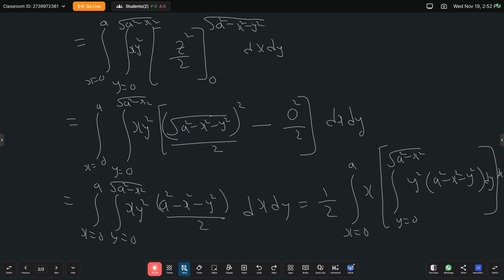Okay. Now we have to integrate this one first, that means with respect to y first, because the next limits are for y, which are in terms of x. Integral y is from 0 to root a square minus x square, y square into a square minus x square minus y square dy into dx.